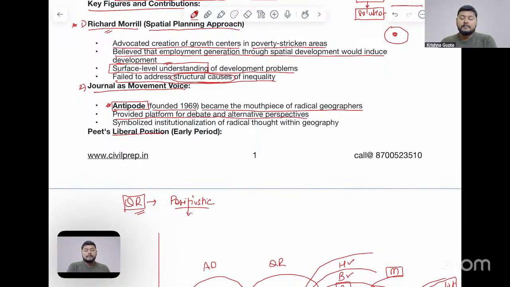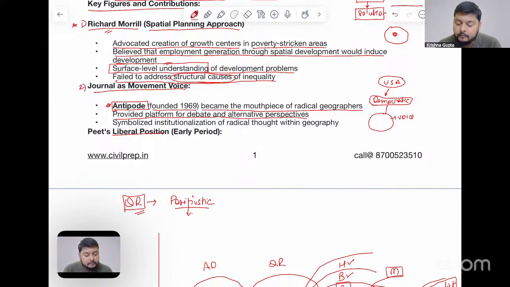Now understand this part. If you are living in the United States of America, it is a democratic country, and under this democratic regime you can share your voices. But there is a catch. What is the catch? You cannot voice support for the communist attitude.